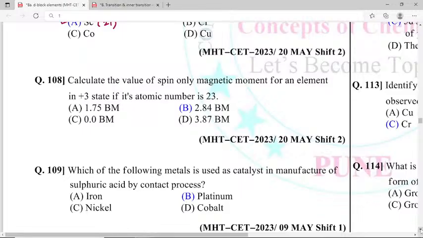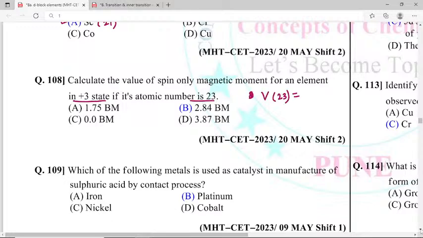Next, calculate the value of spin only magnetic moment of an element in plus 3 oxidation state, atomic number 23. Vanadium is the element, vanadium 23.